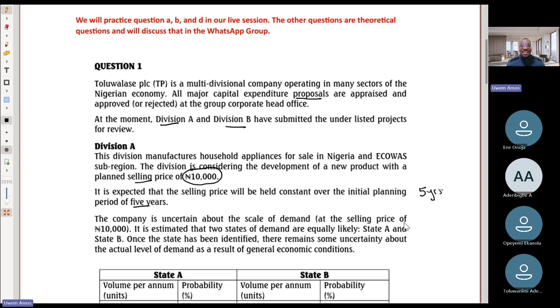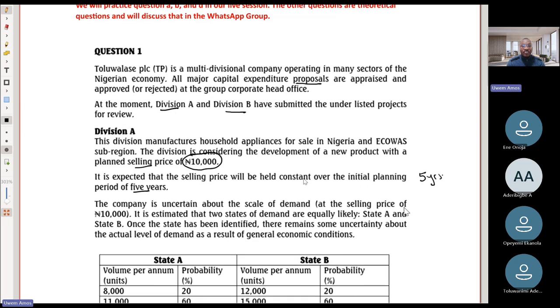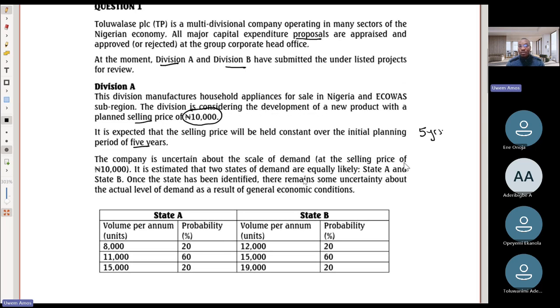The company is uncertain about the scale of demand at the selling price of 10,000. It is estimated that 2 states of demand are equally likely. So 2 possibilities: the first state, which is state A, and state B. Once the state has been identified, there remains some uncertainty about the actual level of demand as a result of general economic conditions.